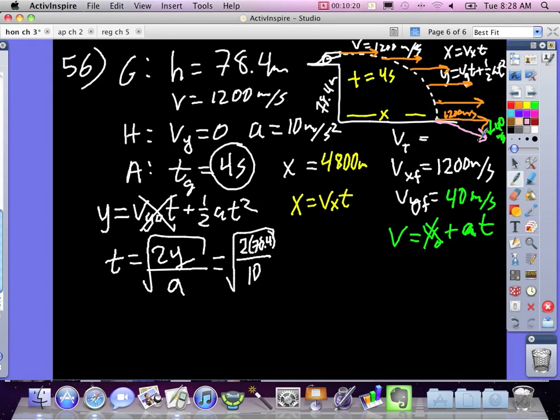So what equation, what formula do I use to find that pink line? Okay, and do you guys remember the name of that? Yeah, so just use Pythagorean, right? So V total is going to equal the square root of Vx squared plus Vy squared. And of course, that's going to come out very close to 1200, because 1200 is much bigger than 40. 1200 and change. What does it come out to be?